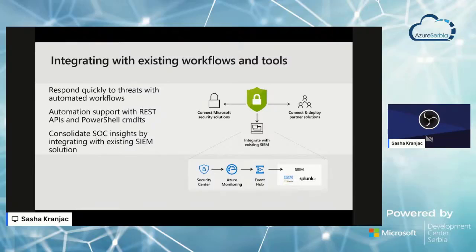We can configure an event hub and stream all our data to it, and then eventually connect it to a SIEM such as Splunk and analyze there, or connect the other clouds and analyze from there.